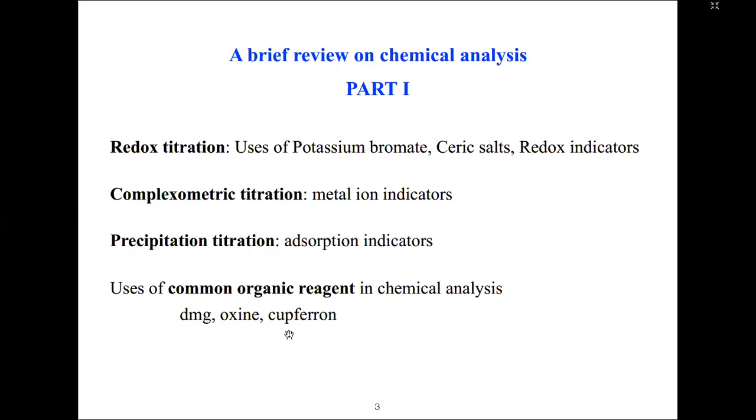So in today's lecture, I'll be showing PowerPoint slides, and some research articles on how these reagents are used.